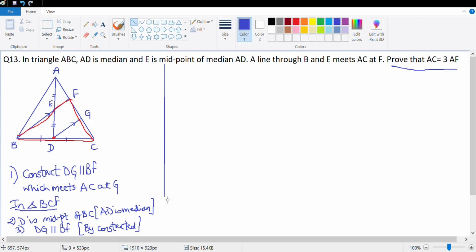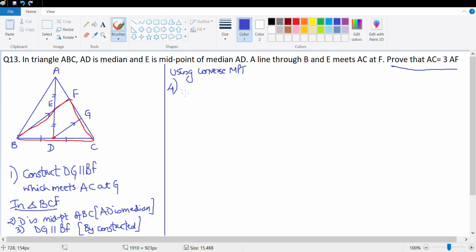So this gives rise to the converse of midpoint theorem. So using converse midpoint theorem, what do I get? I will get that DG is equal to half BF and G is the midpoint of CF. These are the two things that I will get. Perfect.